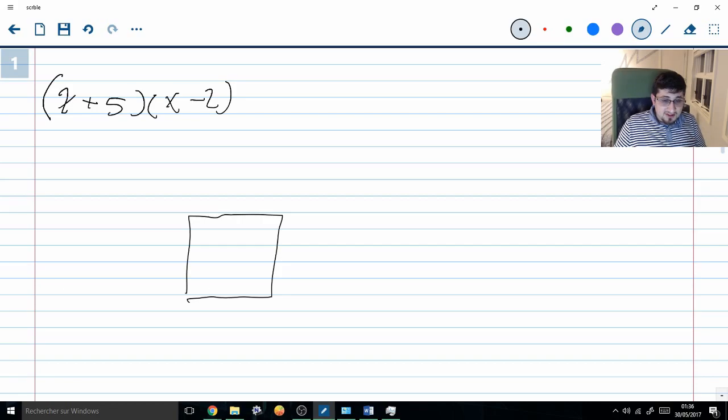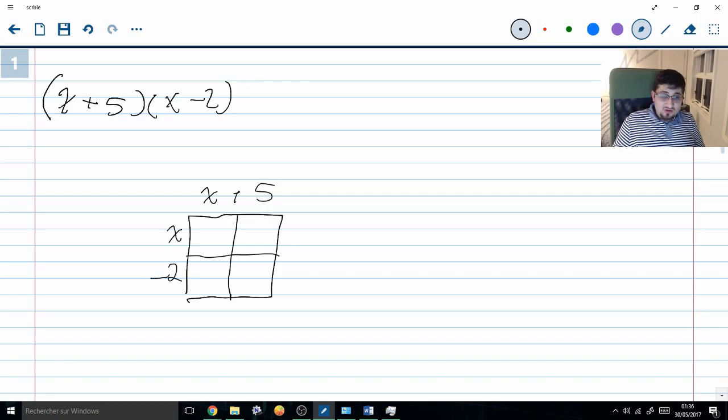But more specifically, since this has two elements, we'll give this two columns, and since this has two elements, we'll give this two rows. Now the header for this will be an x and plus 5 in order to match this, and x minus 2 in order to match this.